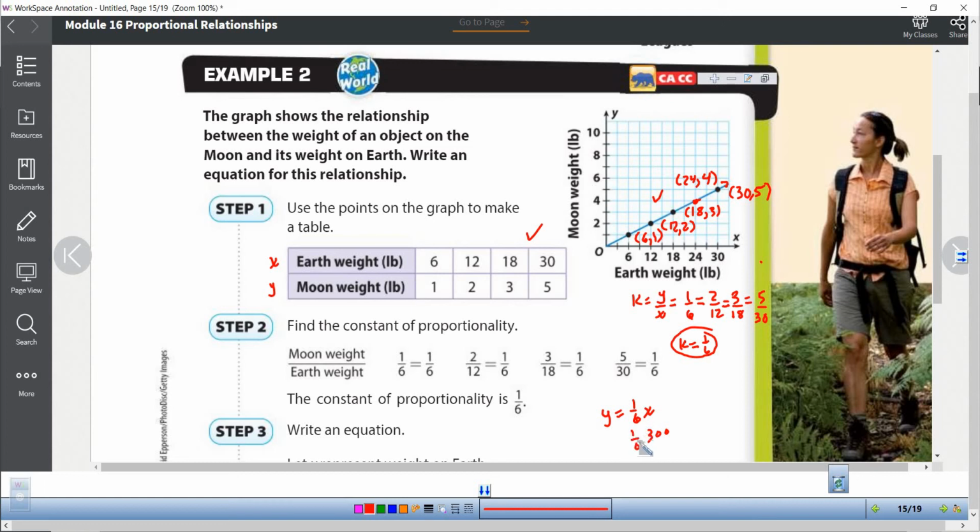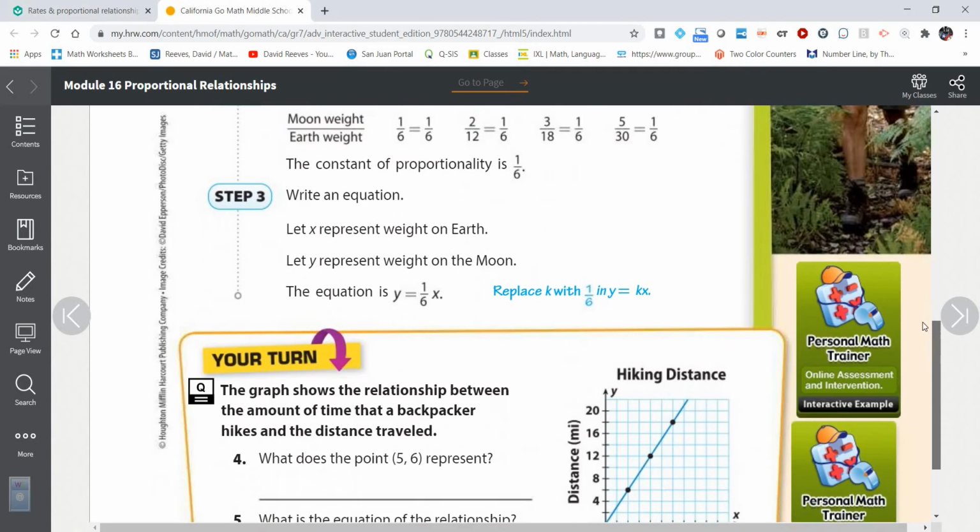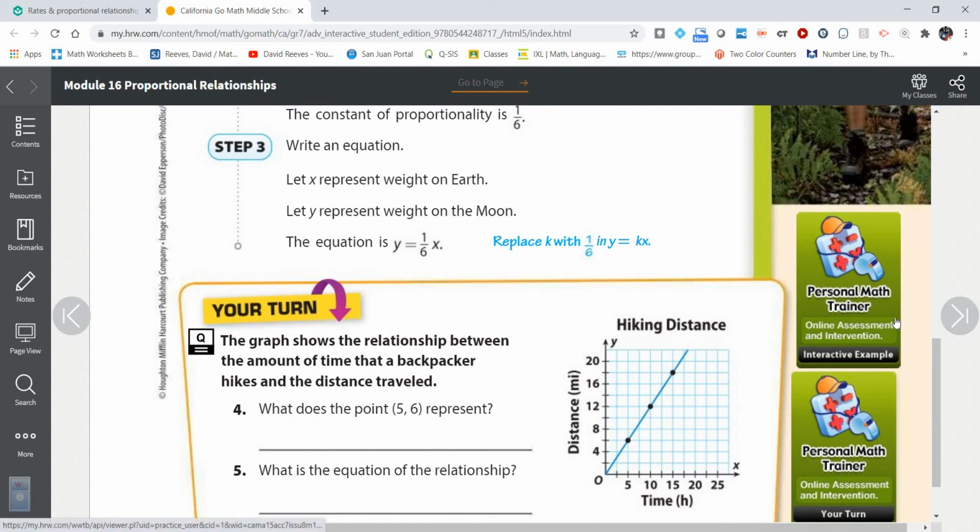Then I could put 300 in for x, I could put 1/6 in for my constant of proportionality, and I would find out that that person weighs only 50 pounds on the moon. Wow, that would be nice if you're used to walking around with 300 pounds and now you only have 50.